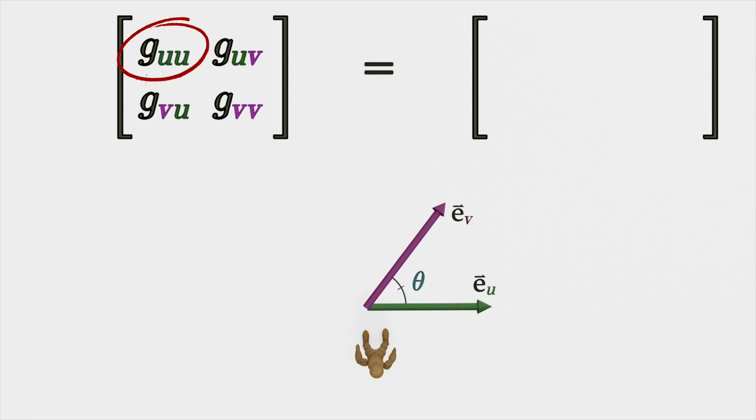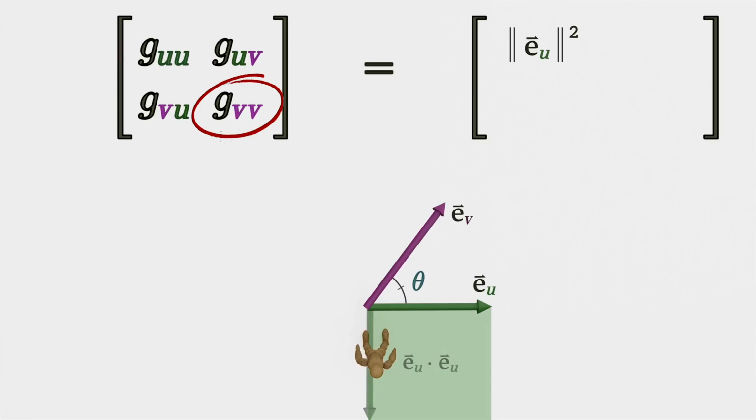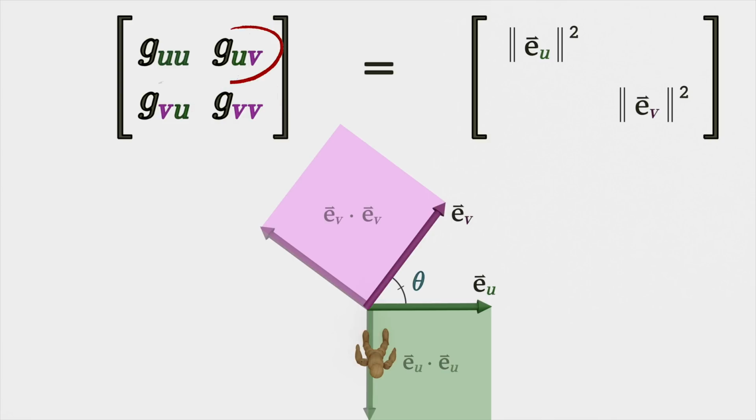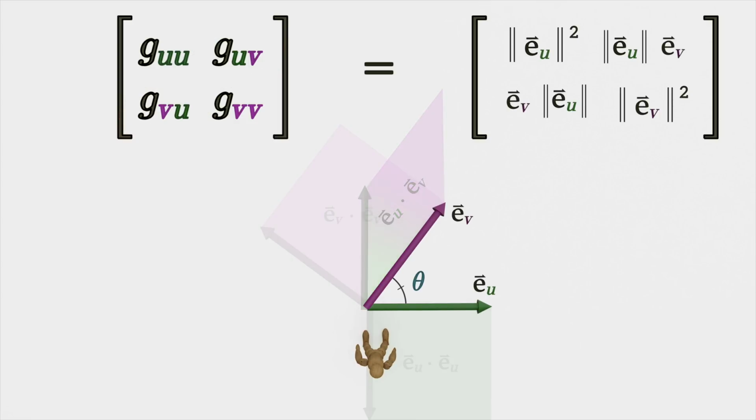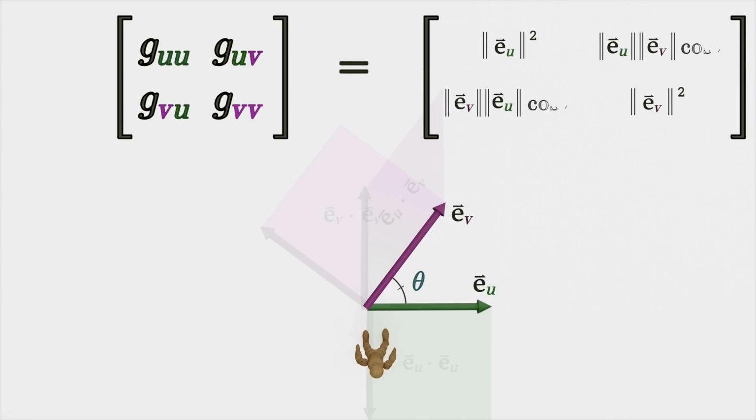This first component tells the observer the magnitude of their e_u basis vector squared, while the second component tells them the magnitude of their e_v basis vector squared. And lastly, these third and fourth components tell them the dot product of the two basis vectors with one another, or the magnitude of the e_u vector times the magnitude of the e_v vector times the cosine of the angle between them.